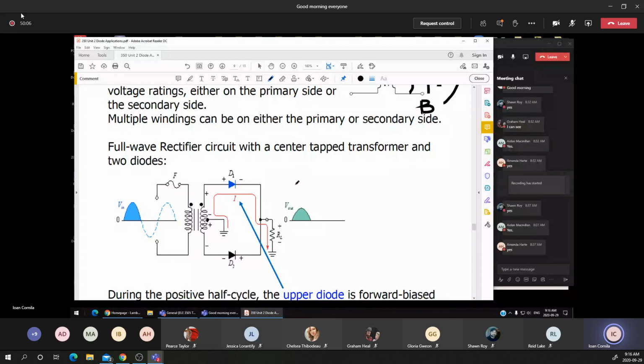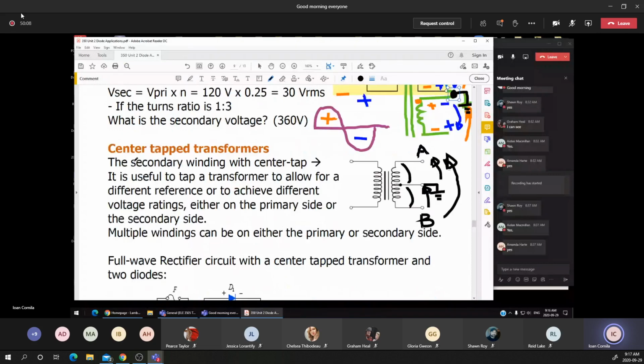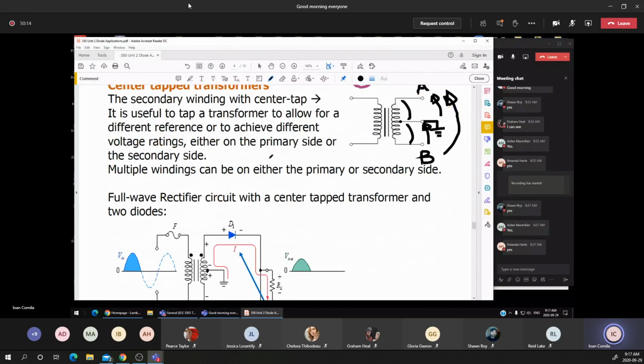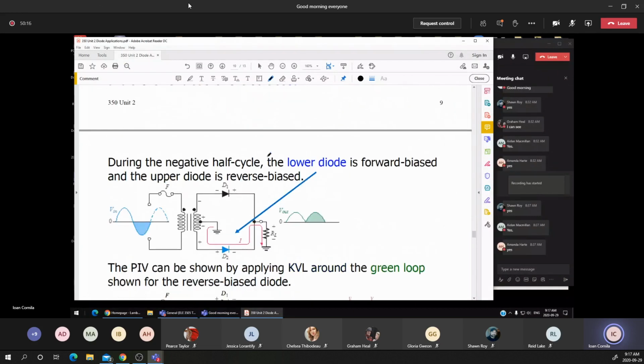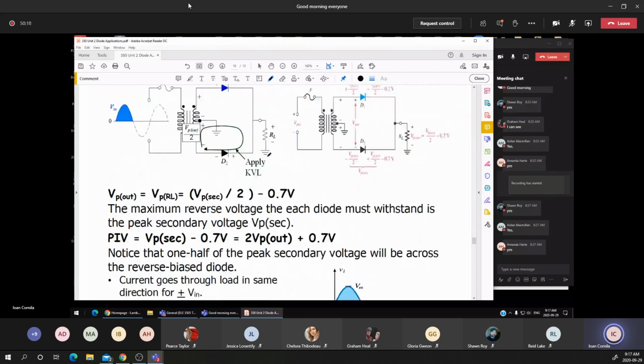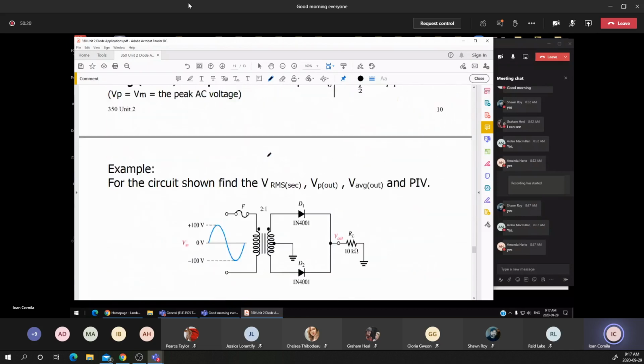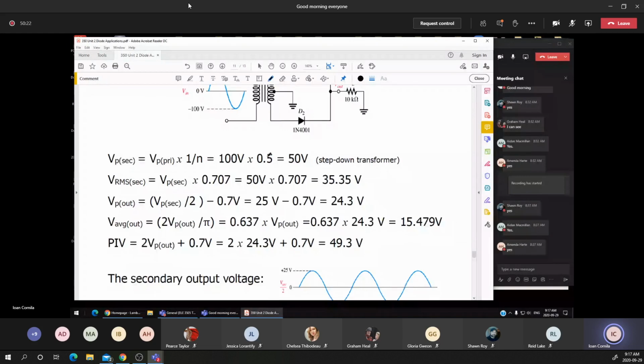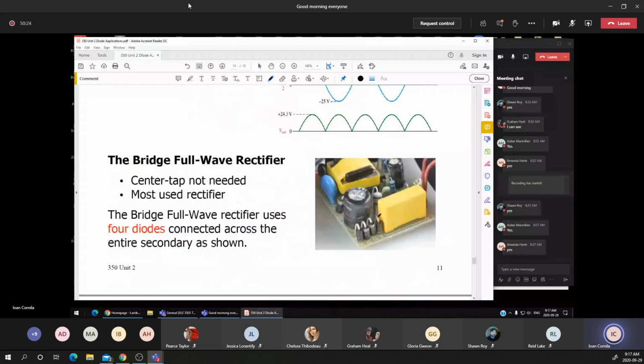Now, tomorrow we'll go through the center tap transformer full wave rectifier, and the other way of having a full wave rectifier is the bridge full wave rectifier, which requires, as you can see in this diagram, 4 diodes instead of 2 diodes.